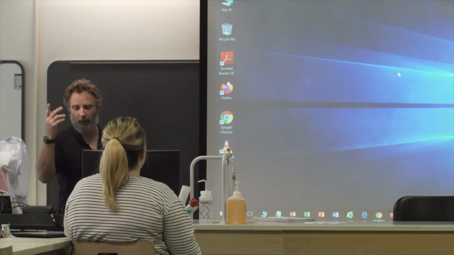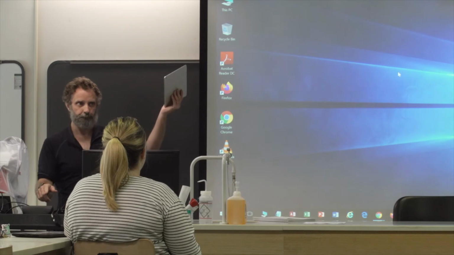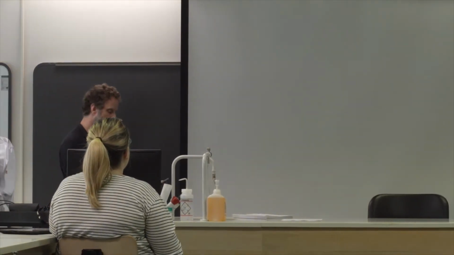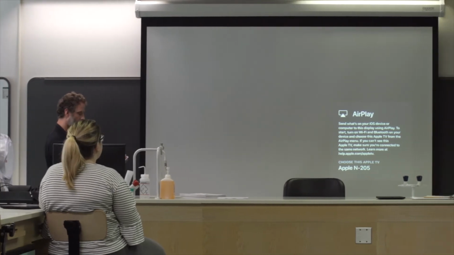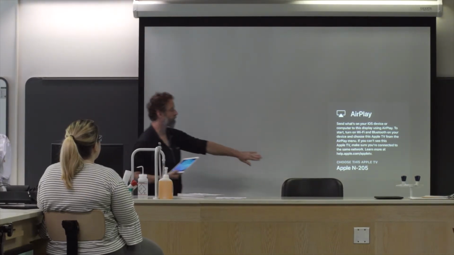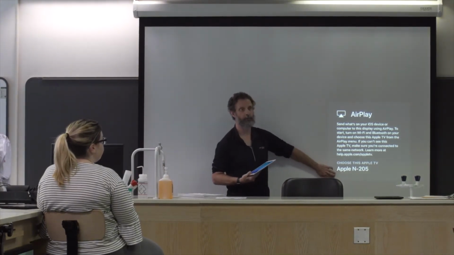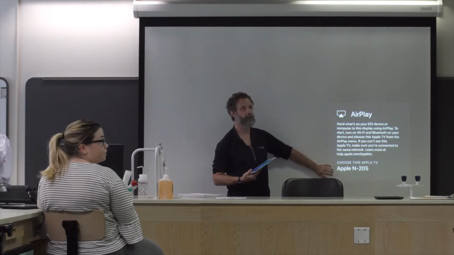So I come in here and it's an Apple iPad. I click on Apple TV on the screen or on the control panel. You have to know what room you're in, because that's going to be the Wi-Fi.